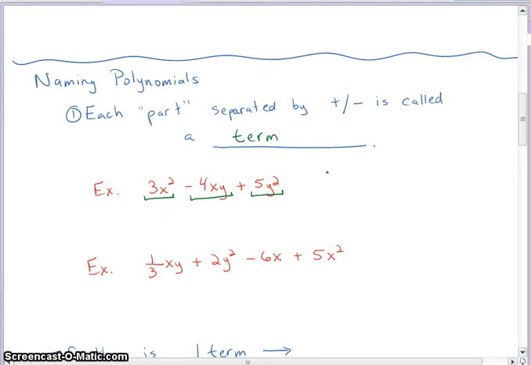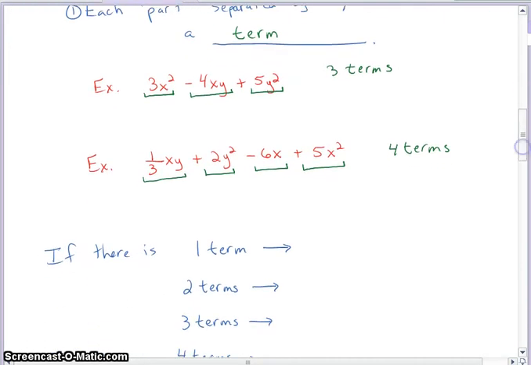So here I have 3 terms. Here I have 1 term, 2, 3, 4 terms, because they're separated by pluses and minuses, adding and subtracting. So there I have 4 terms, and I can name them based on how many terms they have.